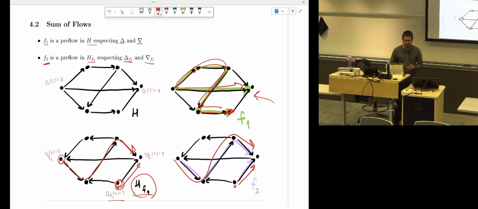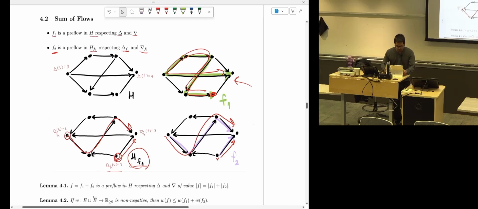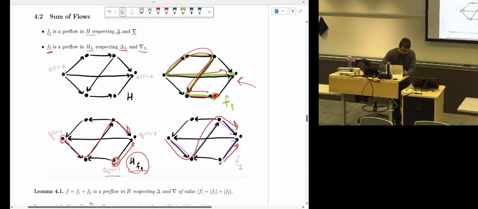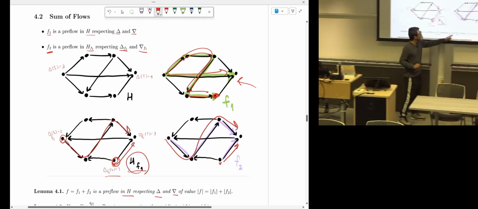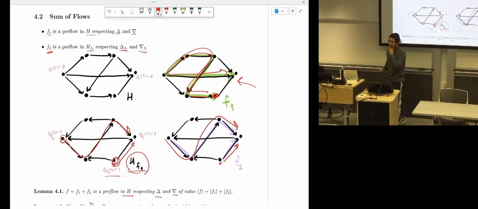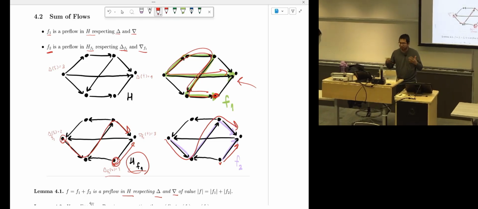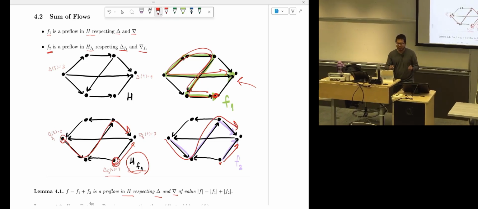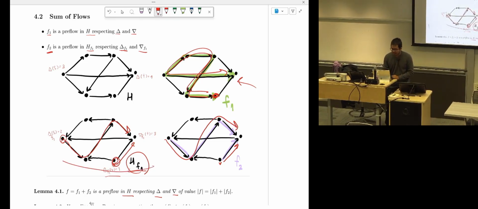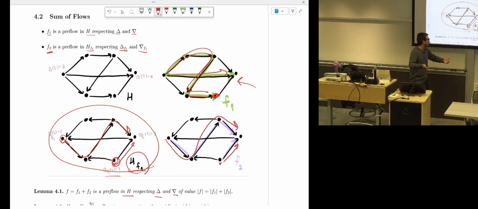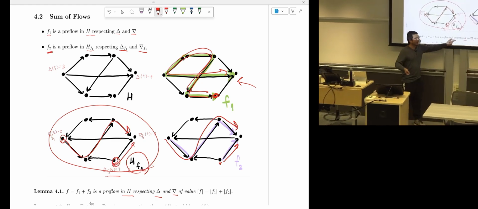The sum will be a pre-flow in the original graph and respect the original source and sink. That's natural, because that's how we define the residual graph: when you find a new flow in the residual graph and add it up, it becomes a flow in the original graph.